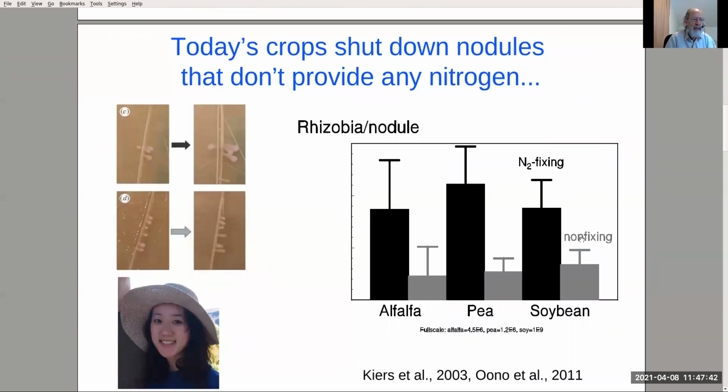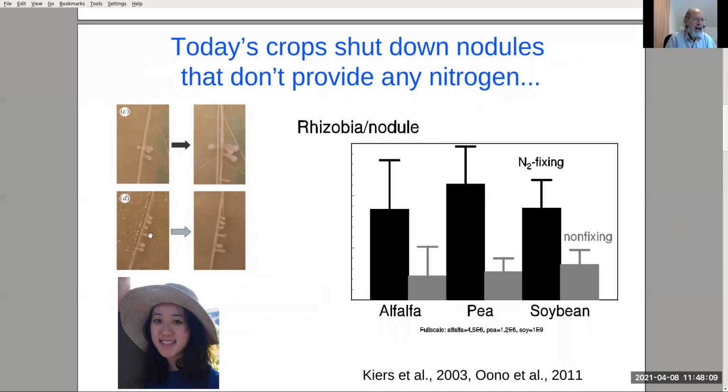Now, we do know that if they get a bacterial strain that doesn't provide any benefit, they shut down those nodules. And we can see that here. Here are nodules that have a strain that is providing nitrogen. The plant supports those nodules, and so they grow and provide nitrogen, but at some cost to the plant for nodule growth and operation.